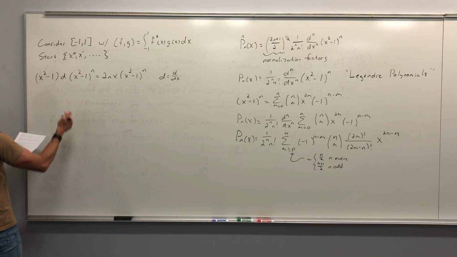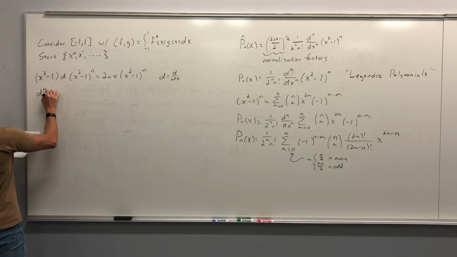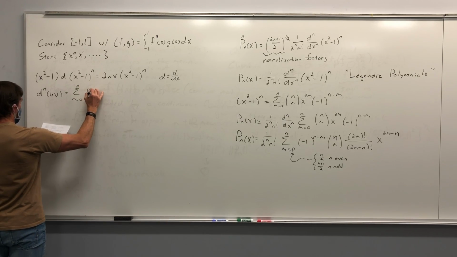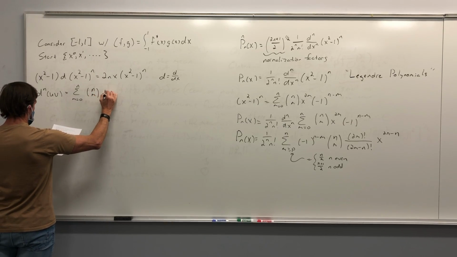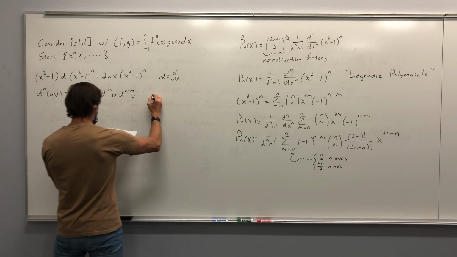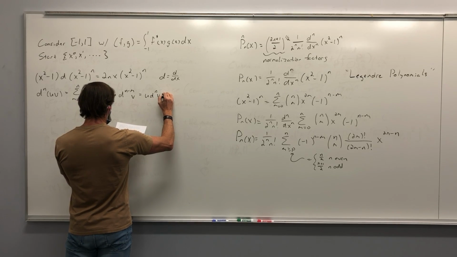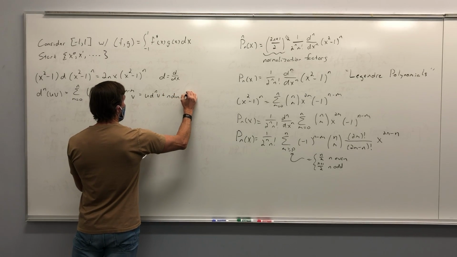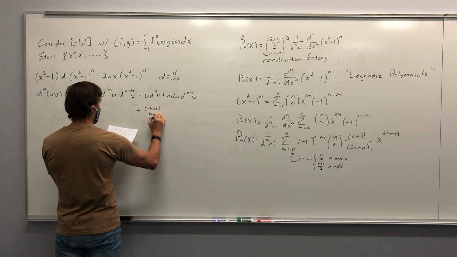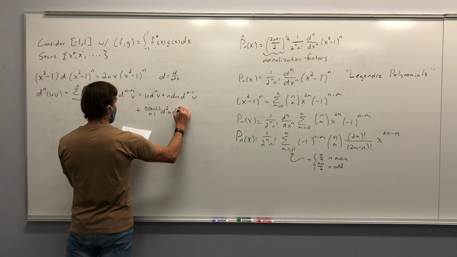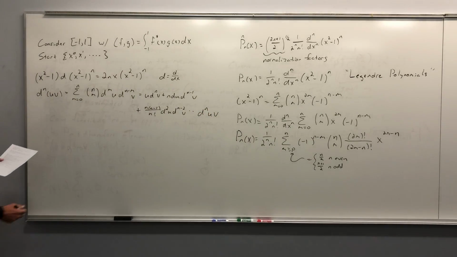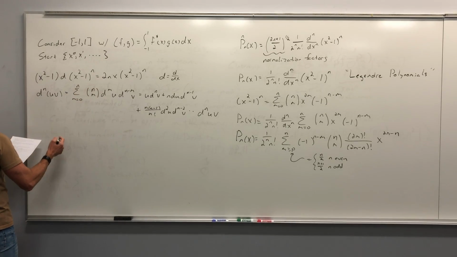Now, if we want to differentiate each side of this n plus 1 times and use the Leibniz rule, then for the left-hand side of this we're going to get the following expression.